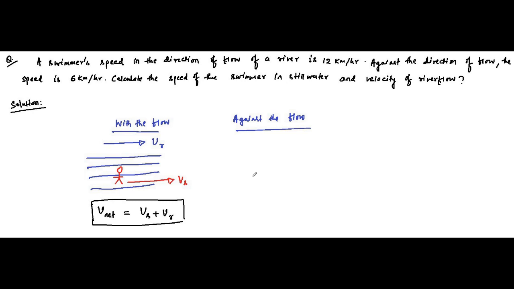Okay, suppose the swimmer is swimming in the opposite direction. Same thing, the velocity of the river is in this direction, Vr same, but the swimmer is swimming in the opposite direction, in this direction.